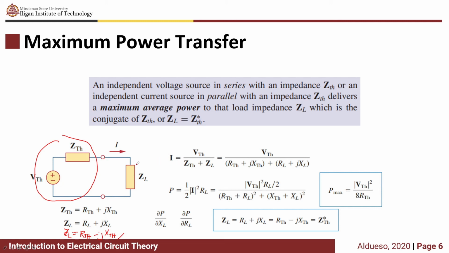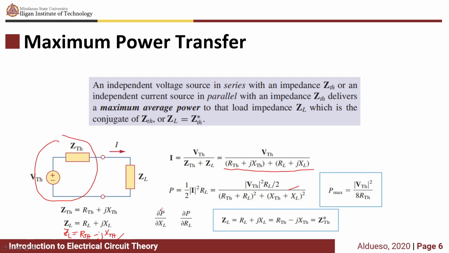Now getting the current, we have VTH over ZTH + ZL, equivalent to this equation, substituting ZTH and ZL. Now getting the power, which is 1/2 magnitude of I squared times RL, we have this equation.